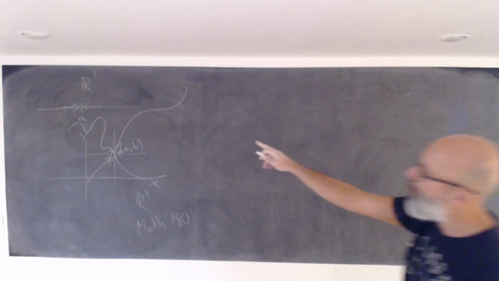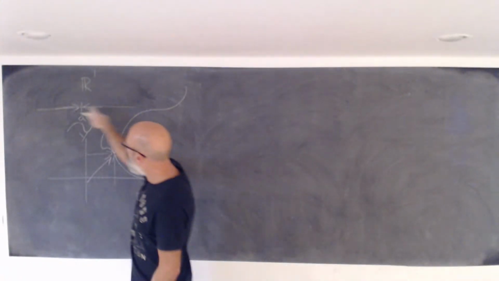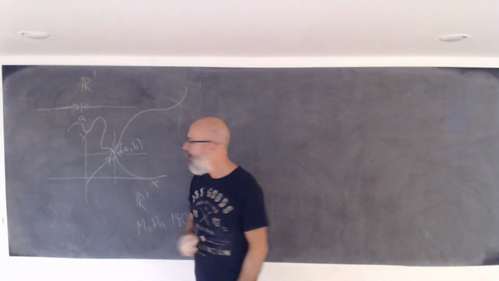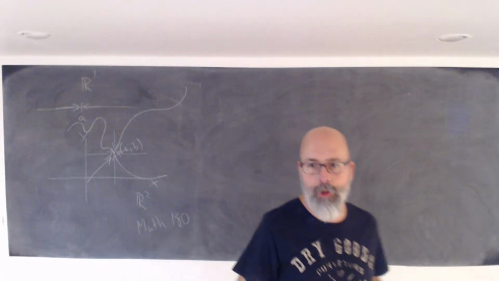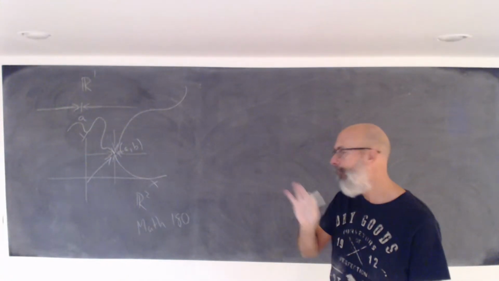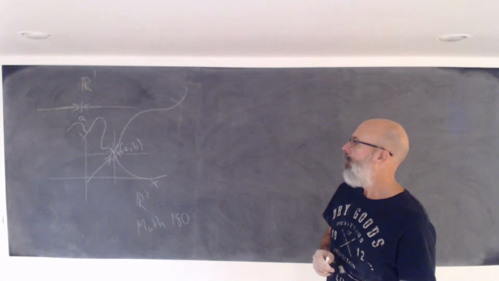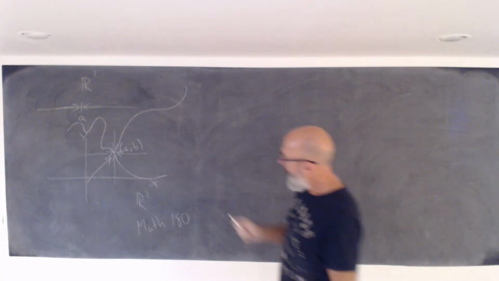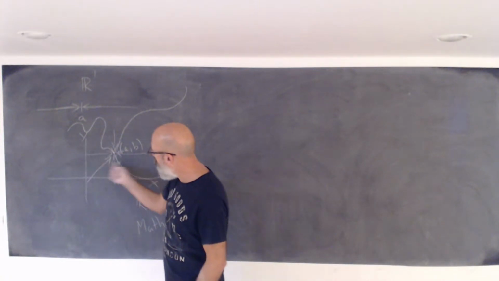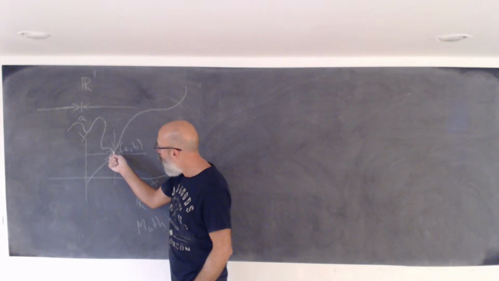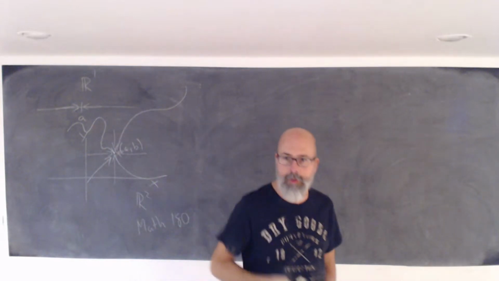So again, the point was, in R1, really only two ways to get to A. Here, if you're moving to R2, you already have infinitely many ways to get to a point. So you see the issue. How can you guarantee that every curve going to that point gives you the same limit?